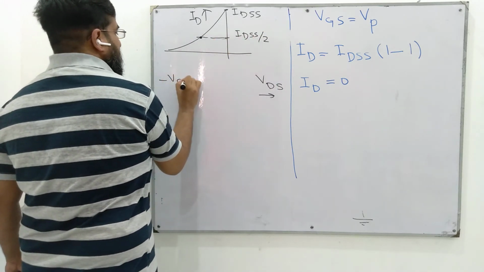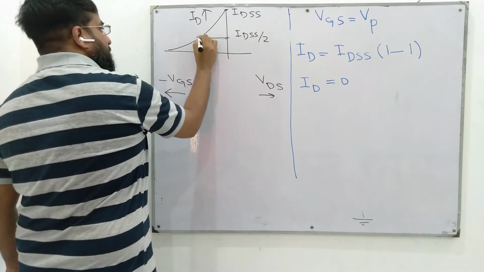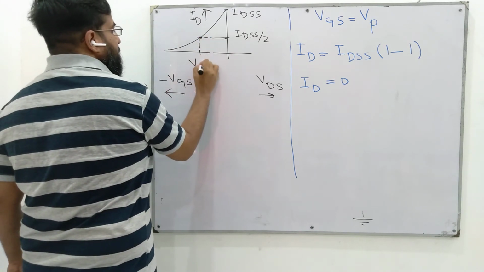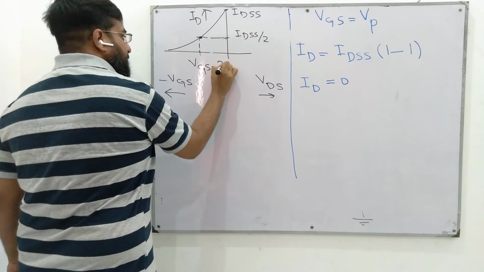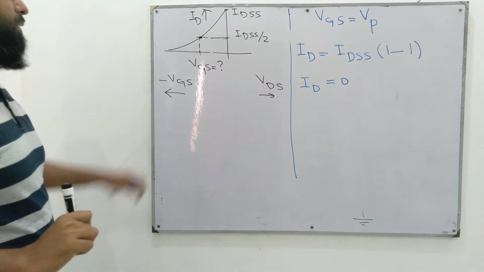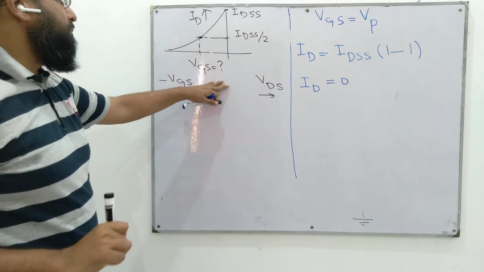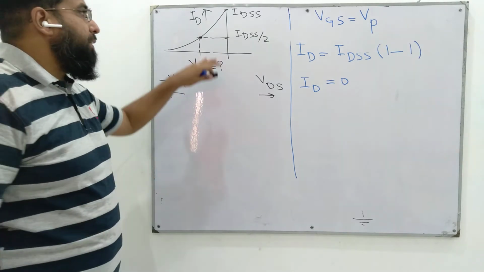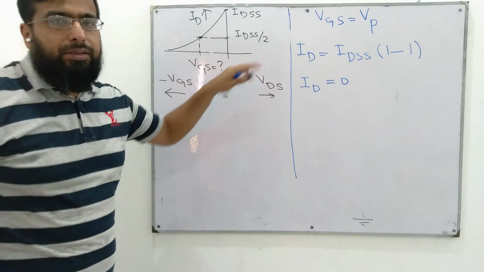So here we have negative VGS. What would be the value of VGS if we have to bias the FET so that ID is IDSS over 2?